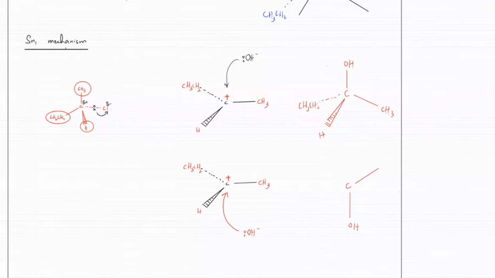Here's your H. And there's CH2, CH3. So you have CH3, you've got H, and you've got a CH2, CH3.